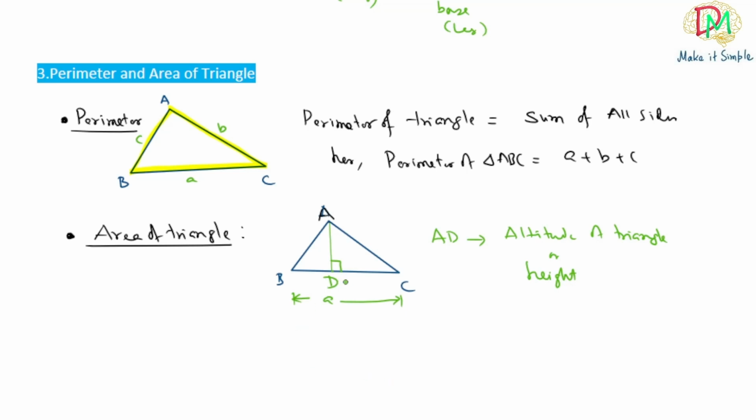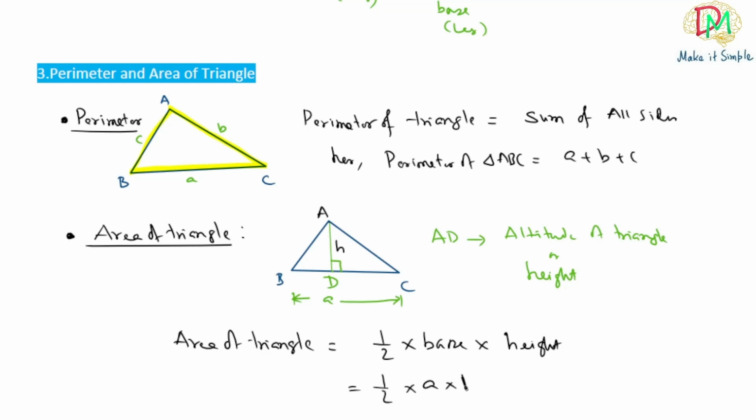Now let's consider this BC base length is a, since it is opposite to vertex A. So we can write the area of the triangle is equal to half of base into height. Let's consider this height is h and base is a, so we can write as half into a into h for triangle ABC.